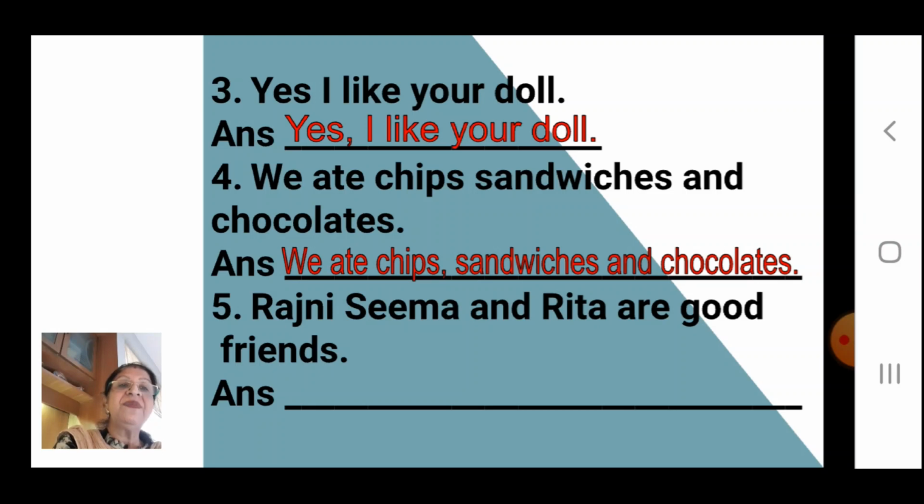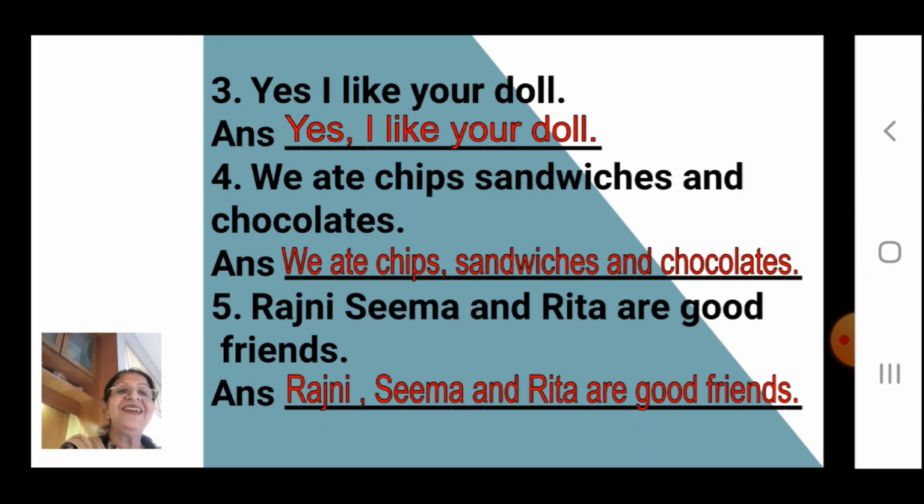We ate chips, sandwiches and chocolates. Have you put a comma after chips? Very good. Now next, "Rajni, Seema and Rita are good friends." So here again, where will we put a comma? After Rajni. Yes. Rajni, comma, Seema and Rita are good friends.